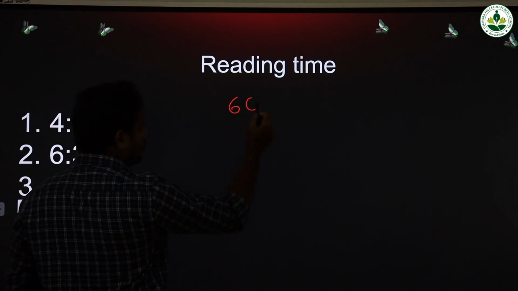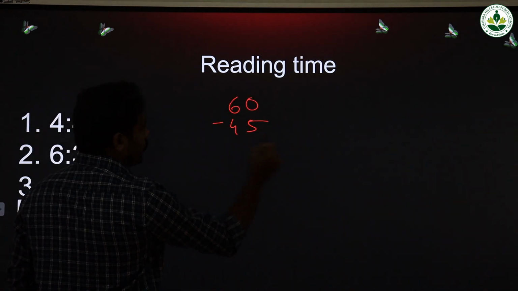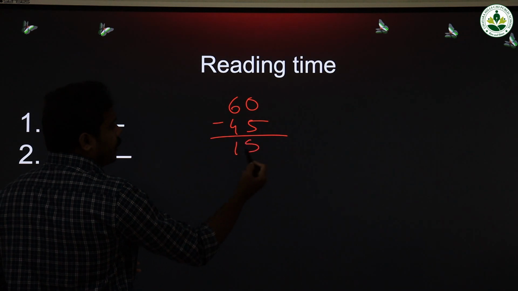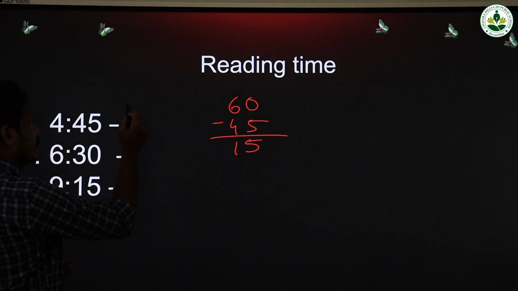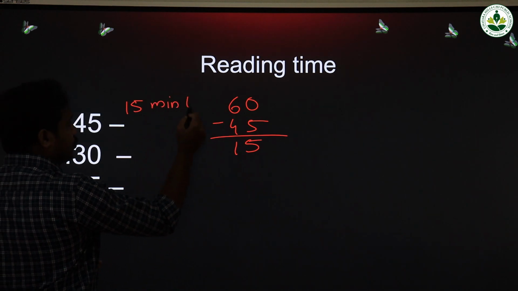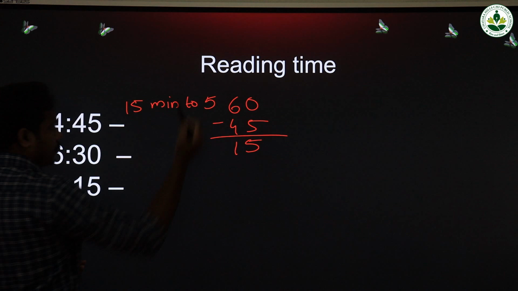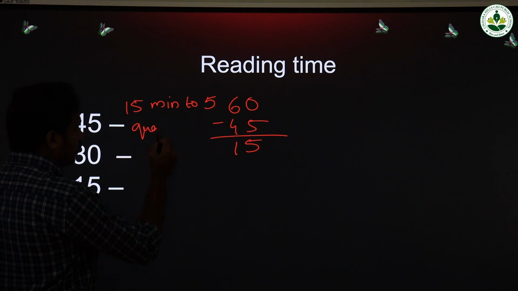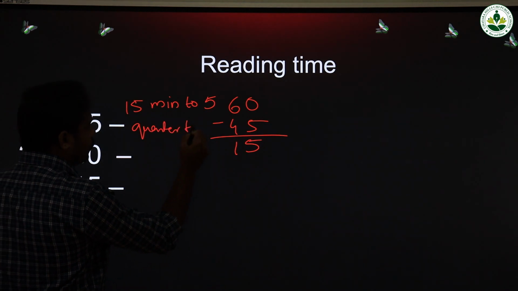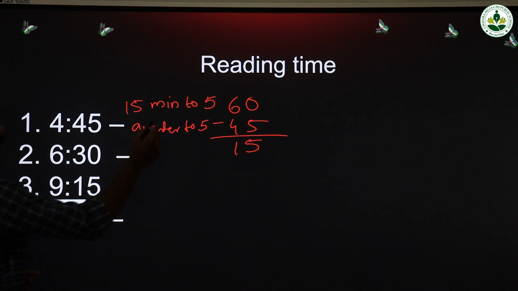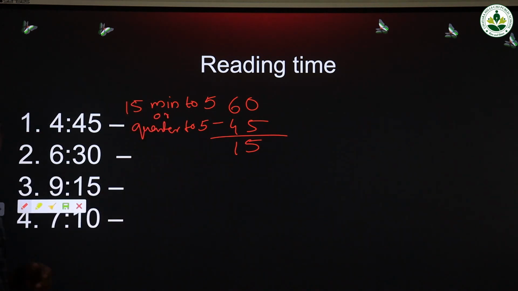For that, we subtract 45 from 60. That is 15. So we can write it as 15 minutes to 5. Instead of 15 minutes, we can write quarter. So we can write quarter to 5.